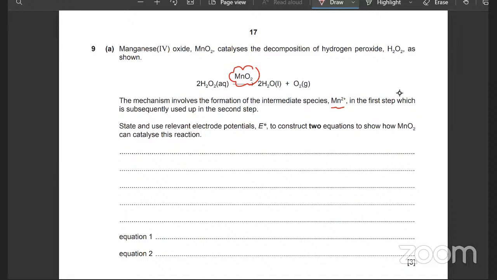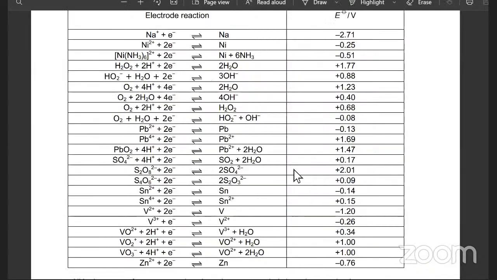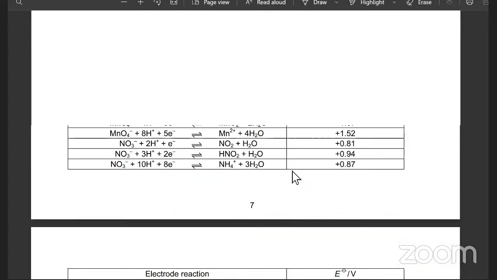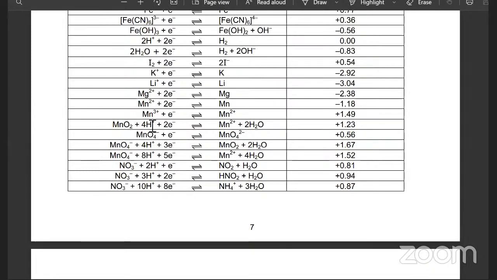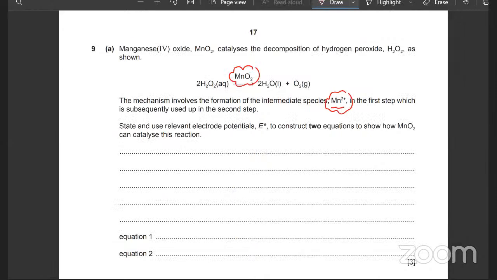So what we need to find is an equation in the table which involves MnO2 turning into Mn2+. So quickly open the data booklet, and over there you're going to find an equation of MnO2, which is this one: MnO2 plus 4H+ plus 2 electrons, turning into Mn2+ plus 2H2O.